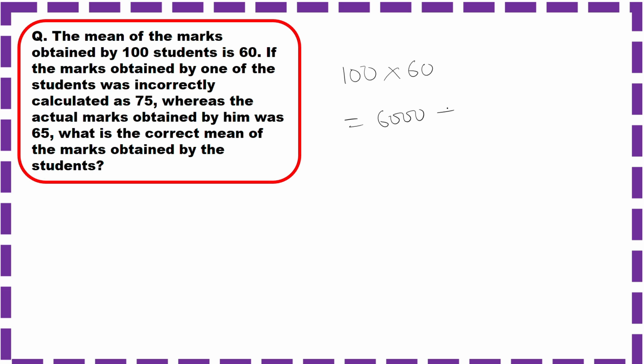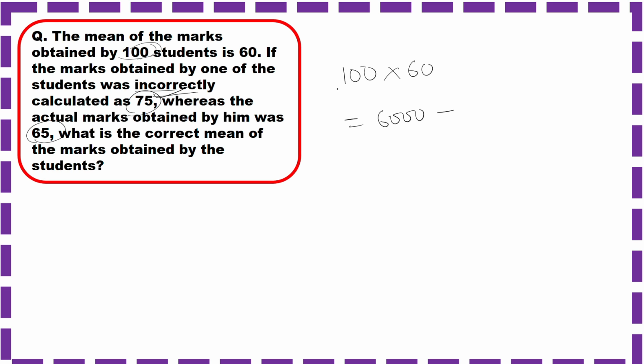Total marks secured by all the students. Now what happened? Among these 100 students, for one student the marks were incorrectly taken. Instead of taking 65, 75 was taken. Which one was wrong? 75, right?